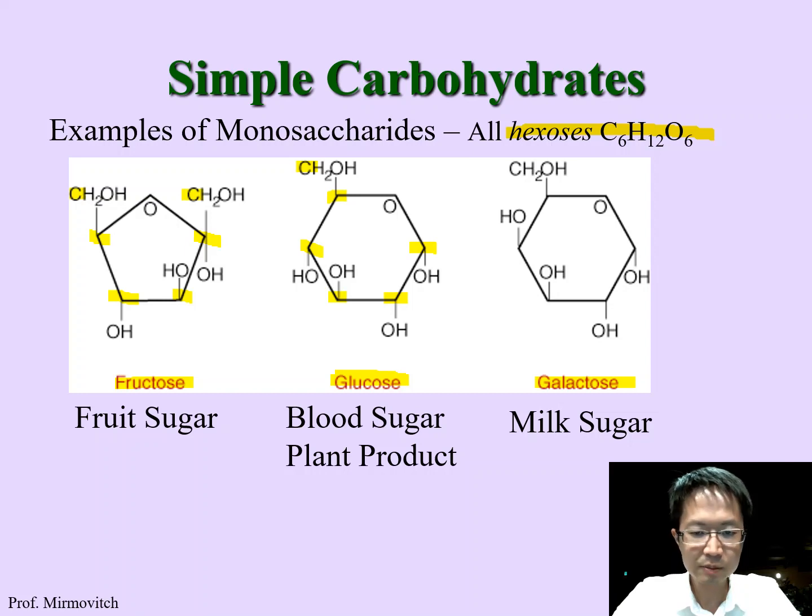Galactose is very similar to glucose. Carbon number 1, 2, 3, 4, 5. You see that the only difference is this hydroxyl group here. In galactose it is pointing upward, in glucose it is pointing downward.